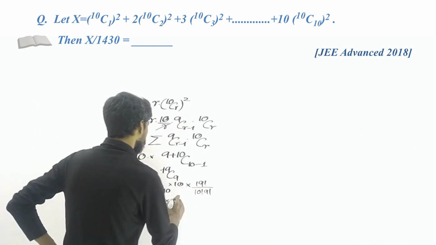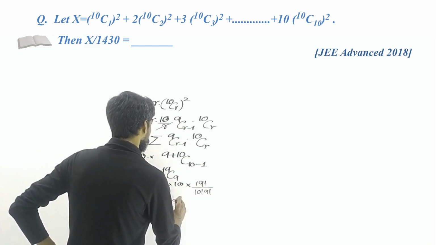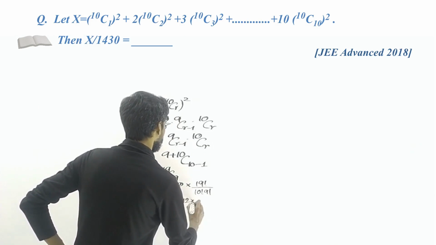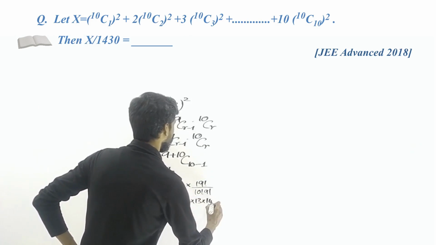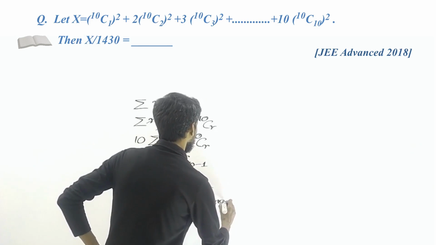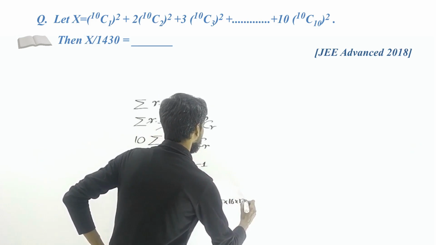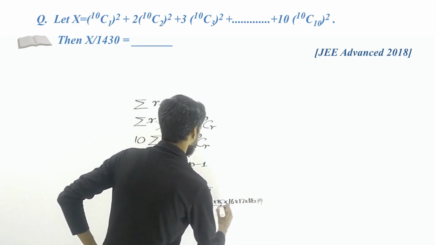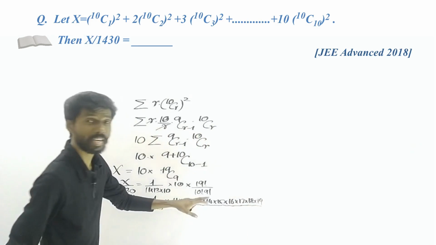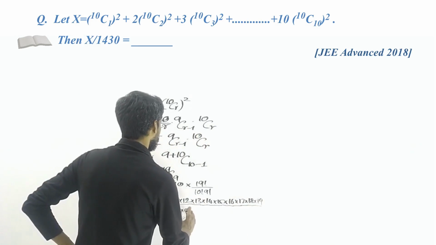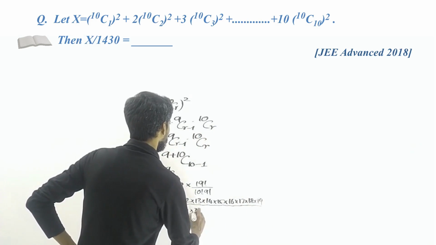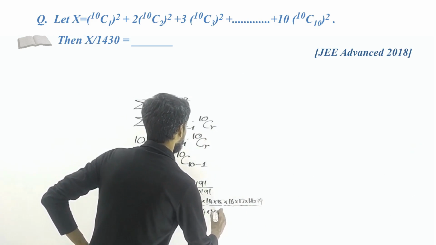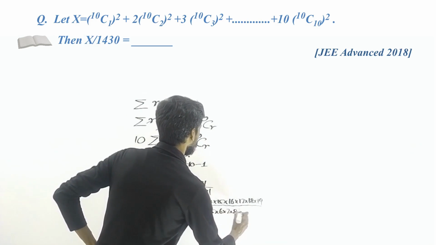If you cancel that, we get 11, 12, 13, 14, 15, 16, 17, 18, 19, divided by 9 factorial, which is 1, 2, 3, 4, 5, 6, 7, 8, 9.